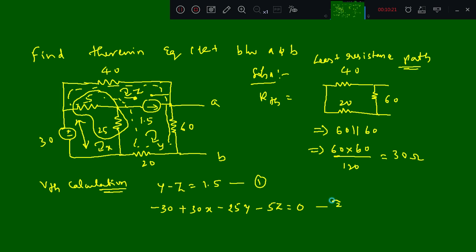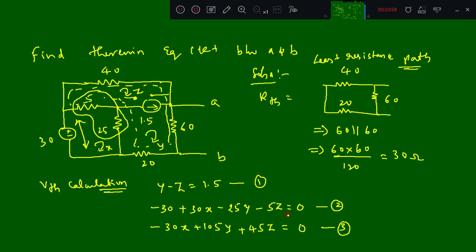This is equation number 2. Then write the equation for the super mesh. So for the super mesh, what you are going to get is minus 30x plus 105y plus 45z is equal to 0. This is equation number 3.